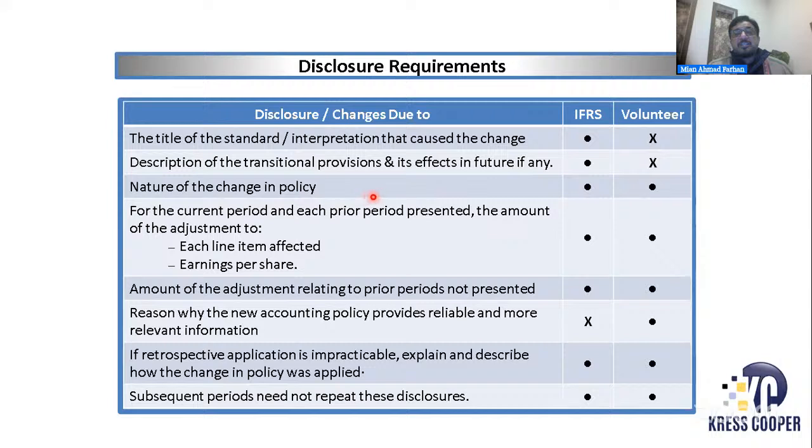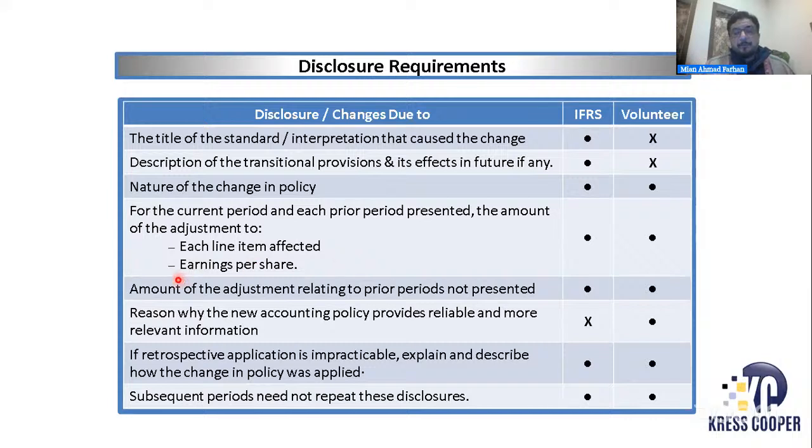Nature of the change in accounting policy should be disclosed in both cases. For the current period and each prior period presented, the amount of the adjustment to each line item affected, like depreciation is a line item, property, plant, and equipment is a line item, and maybe the impairment loss would be changed. Okay, it's a line item.